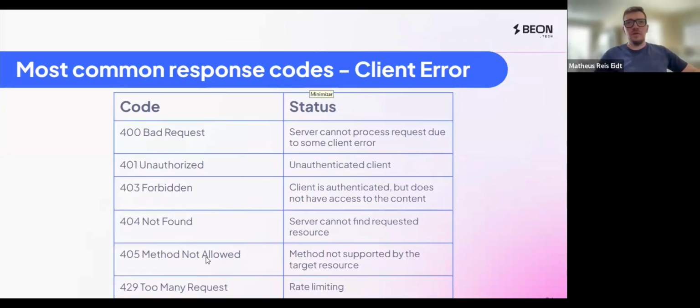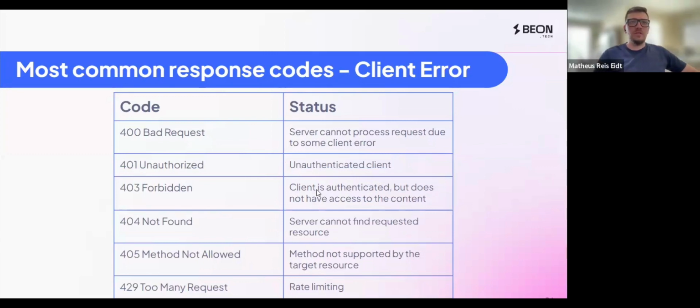The 404 Not Found is used when the server cannot find the requested resource. Let's say the client sent wrong book information, and we don't have this book in our database. We can return a 404.